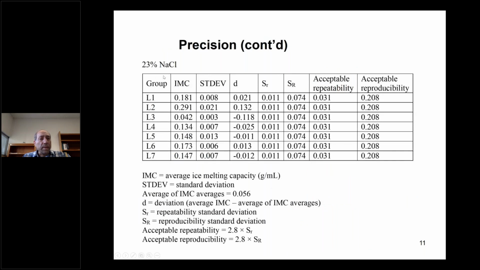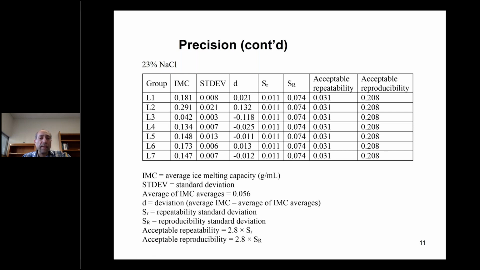So here, these are the results for ice melting capacity of 23% sodium chloride solutions. We named the groups as L1 to L7. Actually, 7 laboratories participated in this research, and WSU had 2 teams.